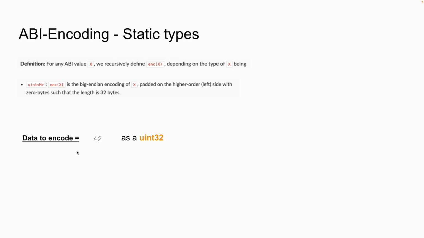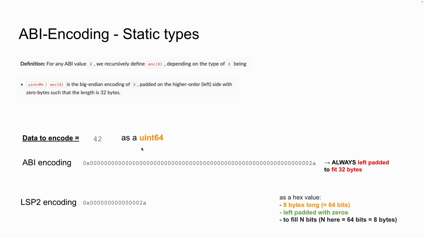Here, let's use the same example, 42, but as uint32. If you look at the ABI encoding format, it says it's going to always be padded on the left side to fit 32 bytes. So it's always going to be padded to fit 32 bytes with ABI encoding, either if it's a uint32, a uint64, or a uint256, it's going to be left padded.